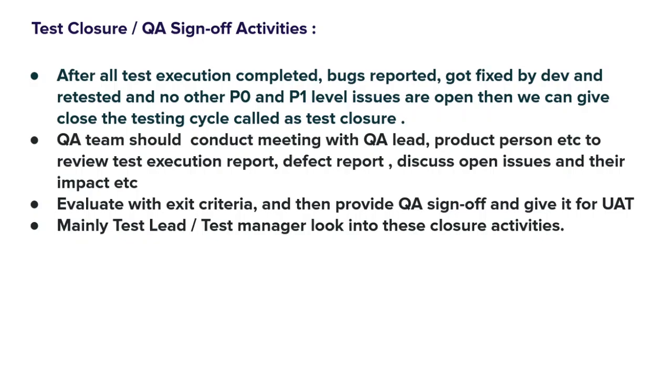QA sign off, we can provide it by email as well. It is basically an official way from the QA team to say that the build is ready to go to the next stage, that is user acceptance testing.